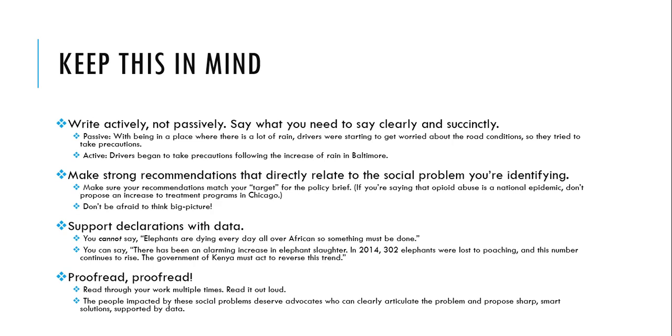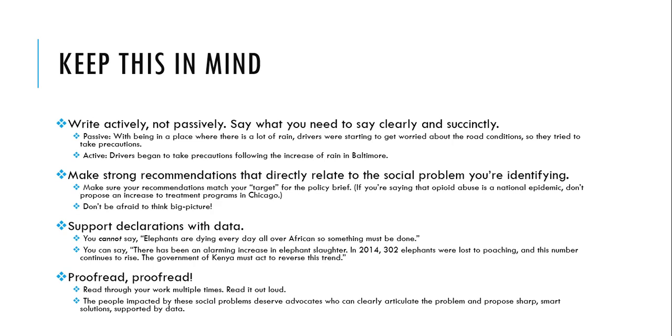The people impacted by our social problems deserve advocates who can clearly articulate the problem and propose sharp, smart solutions supported by data. And that is exactly what you are becoming. So please consider taking the extra time to proofread and read it out loud. As you can see from this, I looked at this slide multiple times and didn't notice errors until I read them out loud, right? So that happens in our academic work as well.